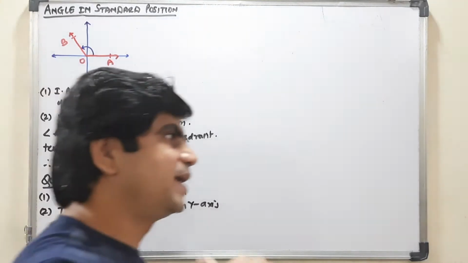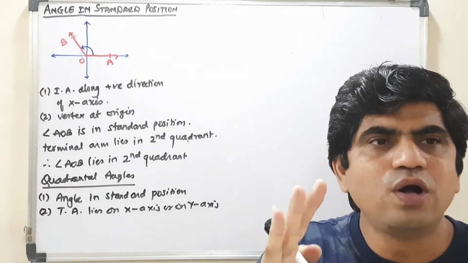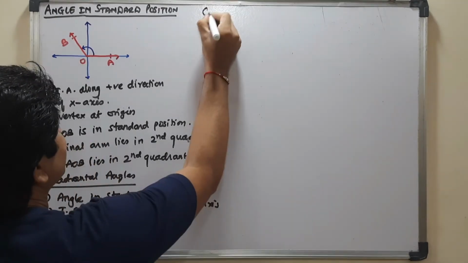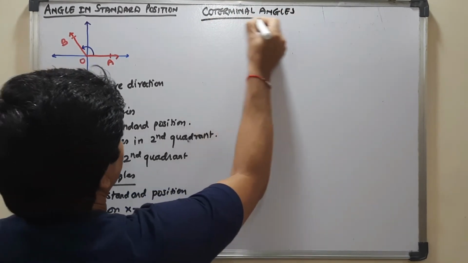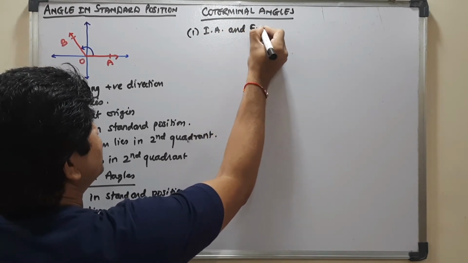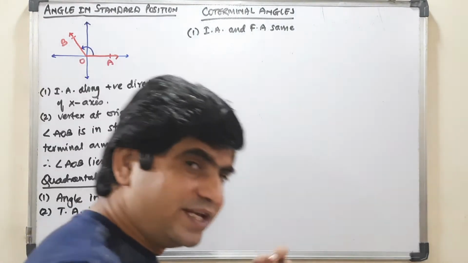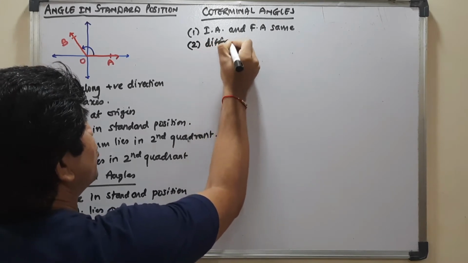A lot of things are conceptually clear now. Now one more thing comes in, where everything is in the name itself: same terminal arm. They are called coterminal angles. That is, those angles having the same initial arm and final arm. Two angles having the same initial arm and final arm, for that the name given is coterminal. The initial arm and final arm are the same. So where does the difference come in? The difference comes in the rotation, a different amount of rotation.